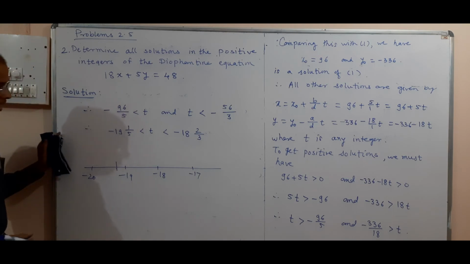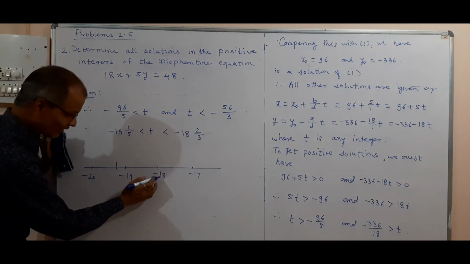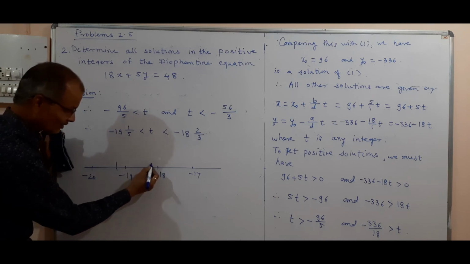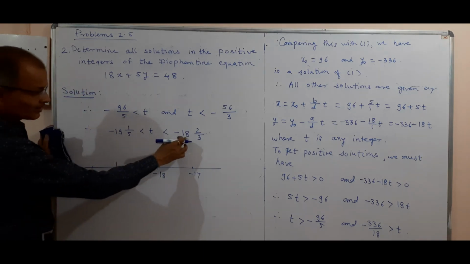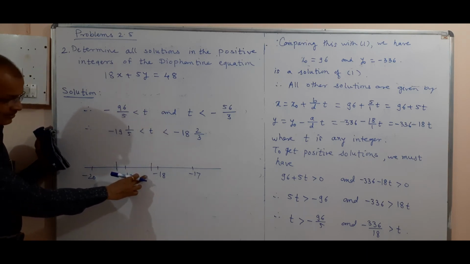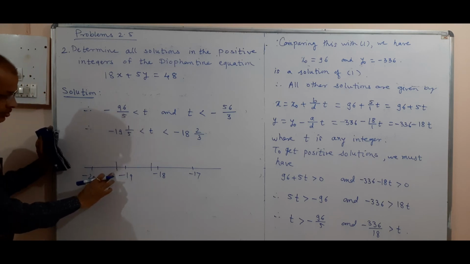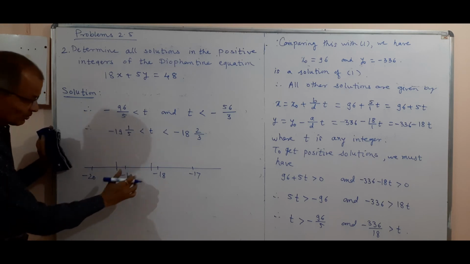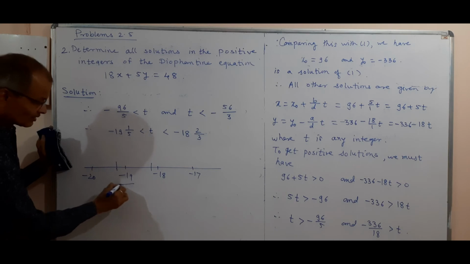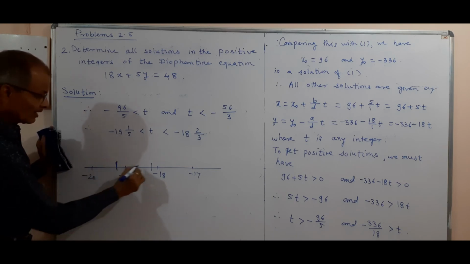Minus 18 point something will be to the left of minus 18, and minus 19 point something will be to the left of that. So what is the integer between these two? That integer is minus 19. So this is the range for t.